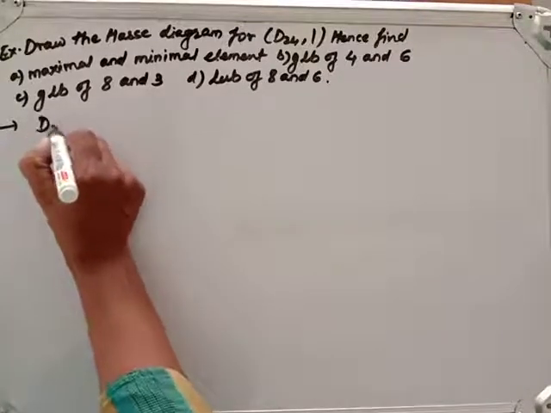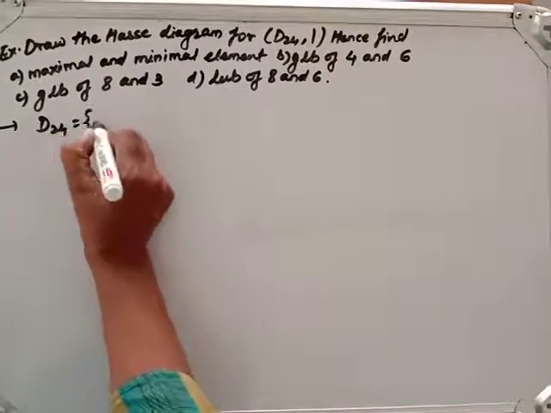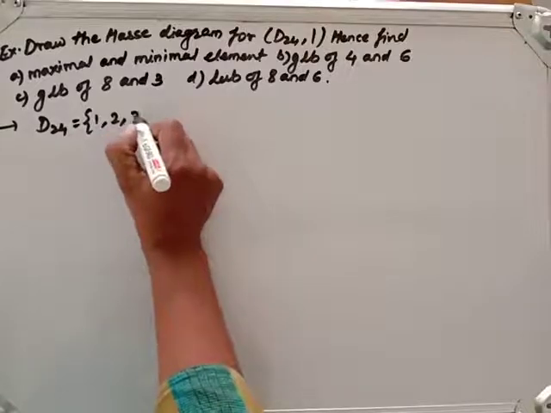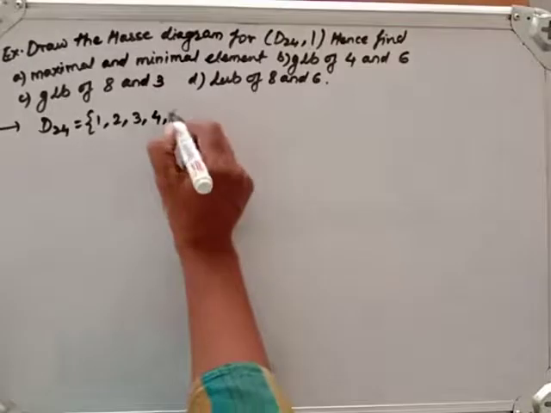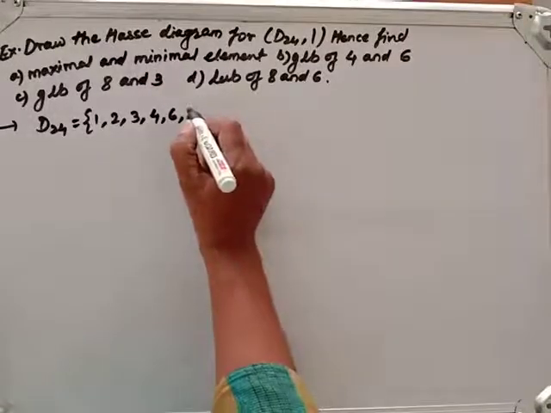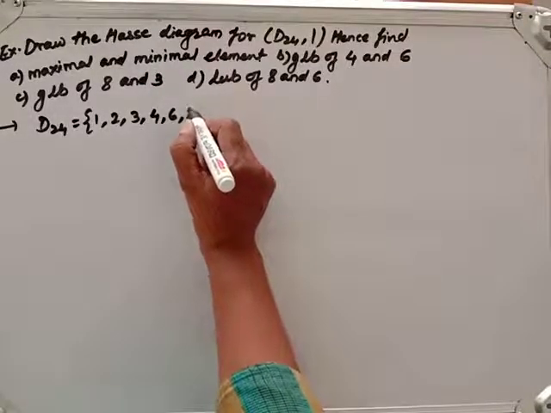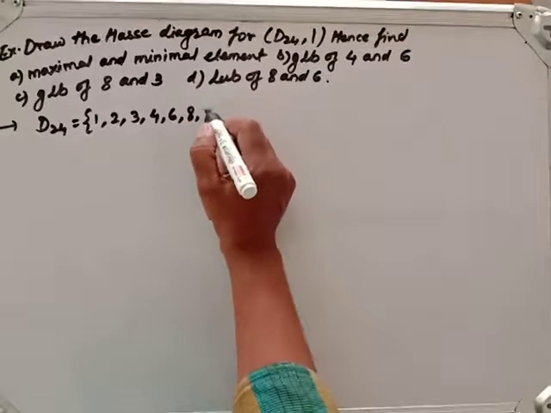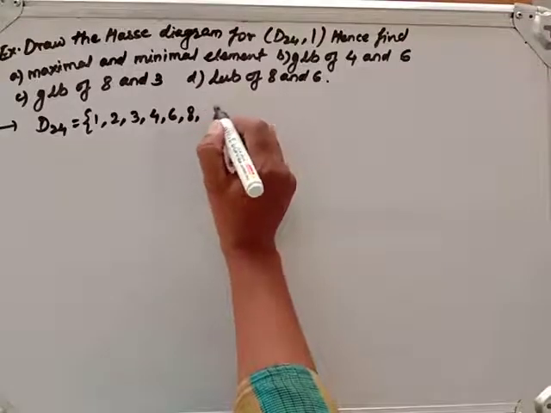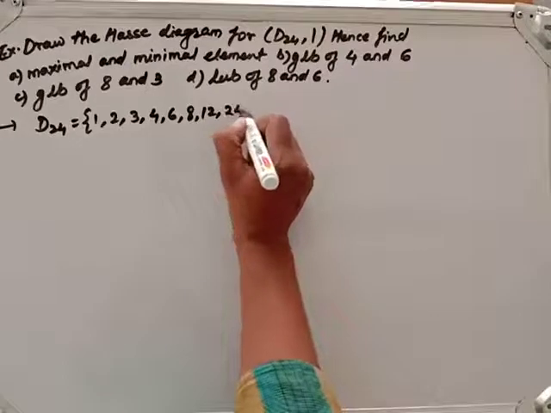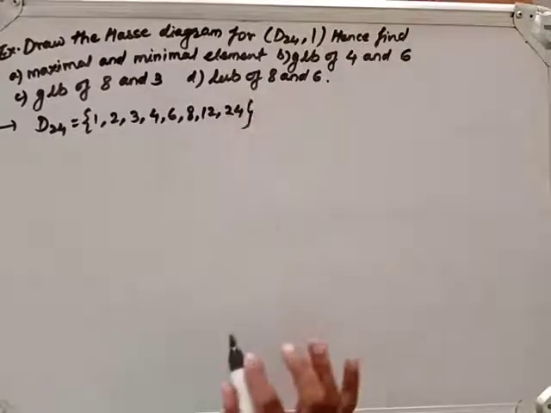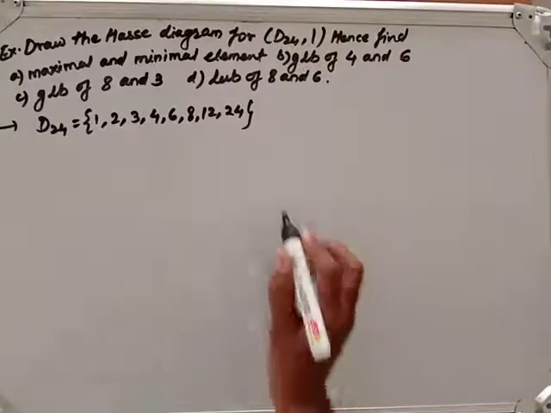Now let me write first D24. Clearly 1 is there, 2 is there, 3 is there. What about 4? 4 is there, 5 is not there, 6 is there, 7 is not there, 8 is there. Then 12 is there, and 24 is there. These elements are the positive divisors of 24.